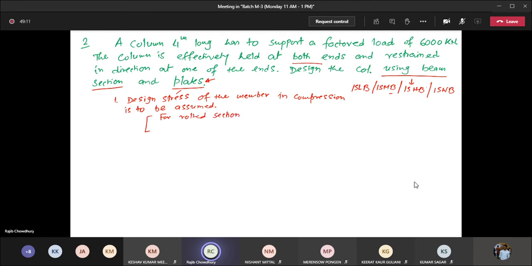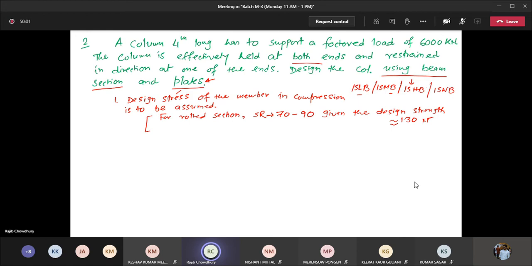Rolled section means all these ISMB, ISHB, ISWB, ISA, and channel sections, ISMC. For hot rolled beam sections, the slenderness ratio can vary from 70 to 90, giving the design strength of approximately 135 Newton per mm square.